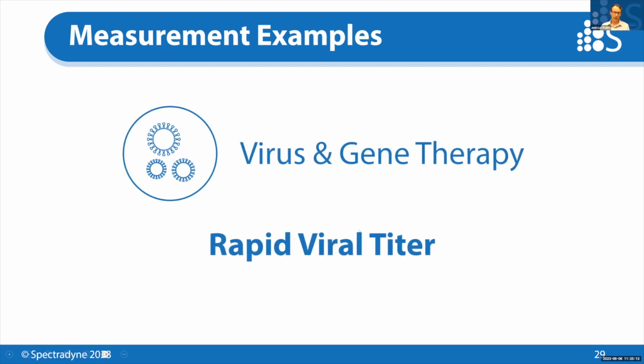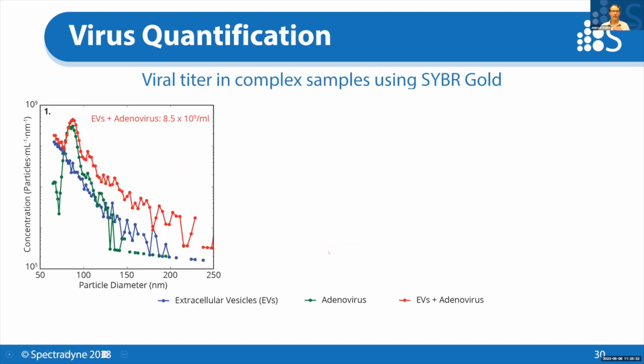Okay, so as the last example, I would like to show you an example of virus measurements. This is relevant for gene therapy applications, and an illustration of how quickly we can measure the virus titer in a sample, specifically even in a very complex sample. Okay, so what we did here was we took human adenovirus 5 and we mixed it with a bunch of EVs, right, that had a broad size distribution.